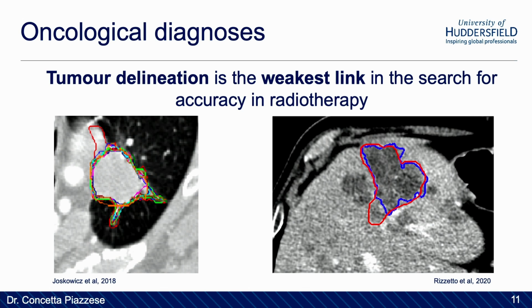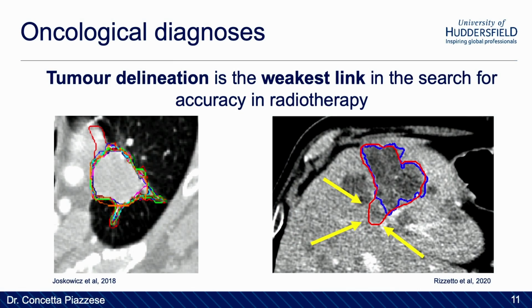If I think the blue contour is the correct one, it means that if I give a treatment to the patient, I will probably not consider the region highlighted by the yellow arrows. That region was included in the red contour, but not in the blue contour. And that's because the outlining has been made on past experience and judgment.